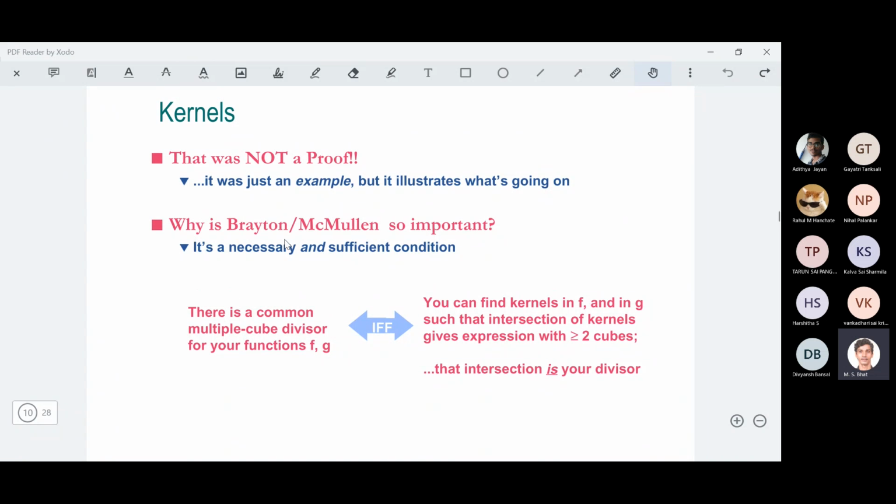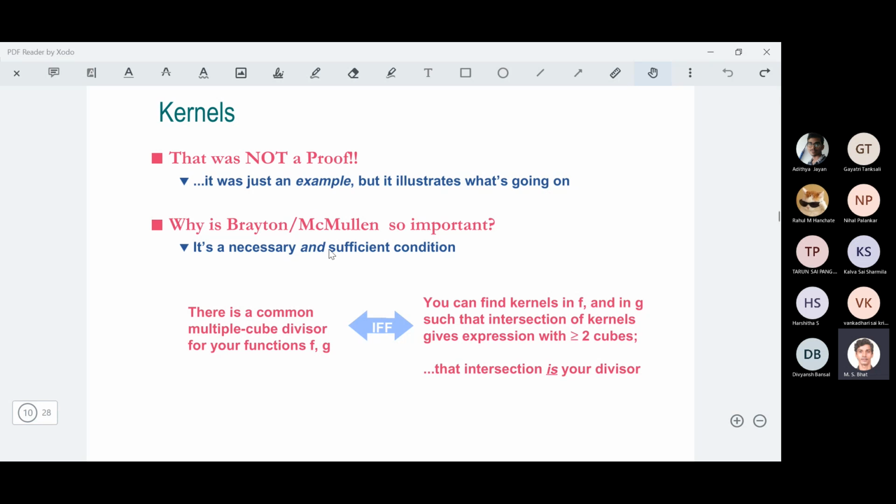Moving forward, why is this important? This theorem by Brayton and McMillan gives us a tool by which we can extract multiple cubes from two or more Boolean expressions.